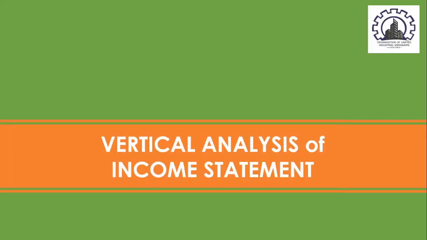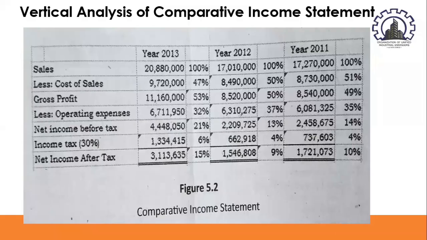Okay, the next key area that we're going to be discussing right now is the vertical analysis of the income statement. This is an example of a comparative income statement, but how can we determine that the analysis that we are applying is vertical analysis? As you can see, this is an income statement of Grand Lake Cass, as shown in figure 5.2.